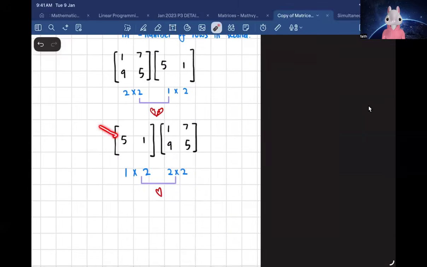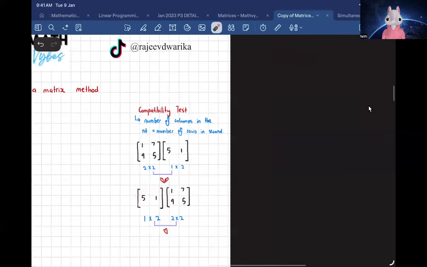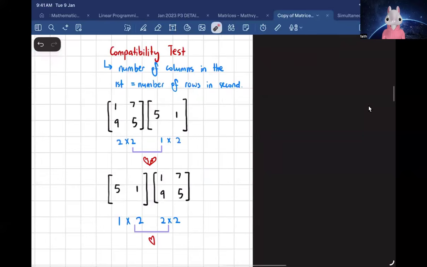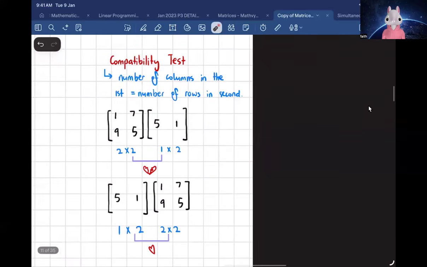How many columns are you seeing over here? 2. How many rows over here? 2. Right, so it's the same, compatible. Please take a picture of this. Compatibility test.